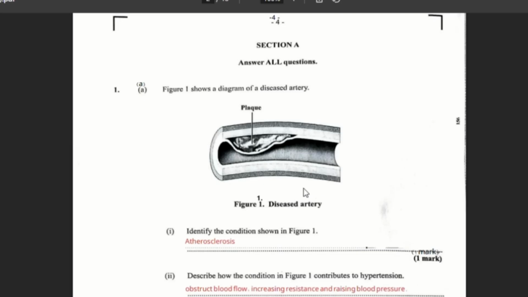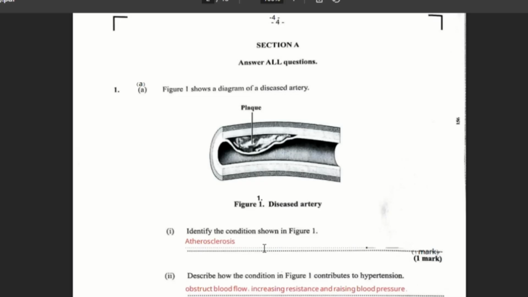Obviously what we see here is an artery, right? So it brings blood away from the heart at high pressure. And what we have here specifically that's going to tell us what kind of disease is the plaque. As you can see, the plaque literally builds up, and plaque is a mixture of different things, for example cholesterol and all that stuff that gets stuck in the arteries, and it can cause this condition right here called arteriosclerosis.